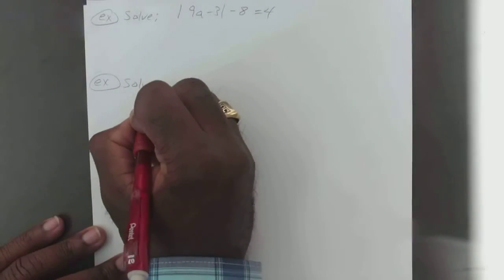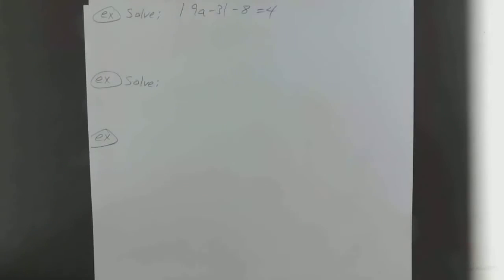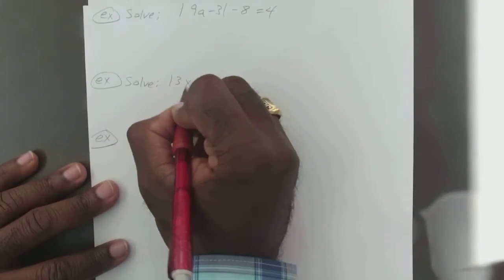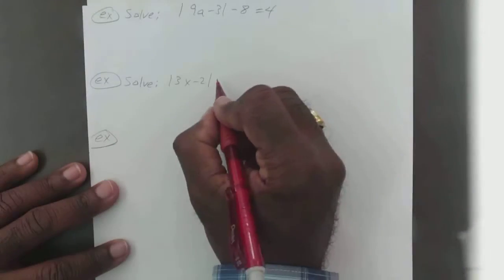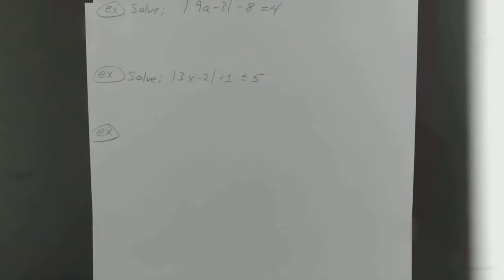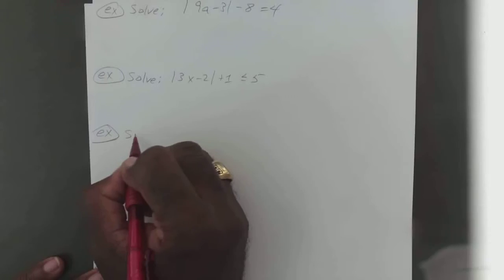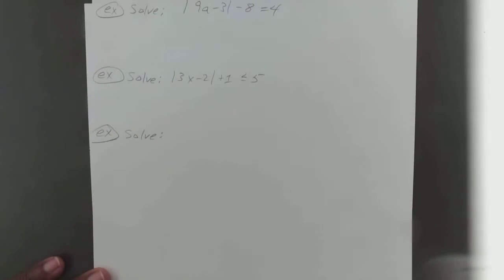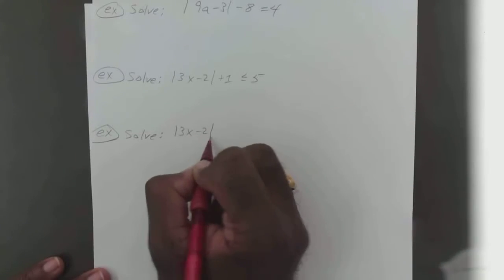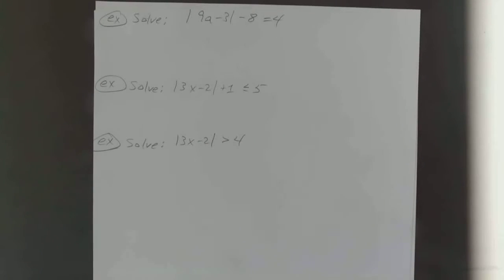The next one: the absolute value of 3x minus 2, plus 1 is less than or equal to 5. And let's say you wanted to solve the absolute value of 3x minus 2 is greater than 4. Okay, I'll let you start on those.